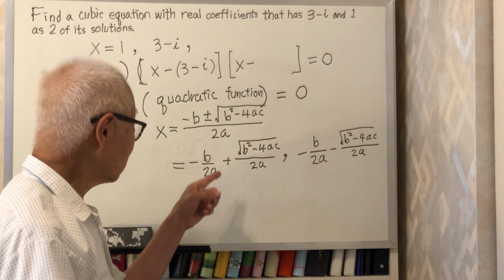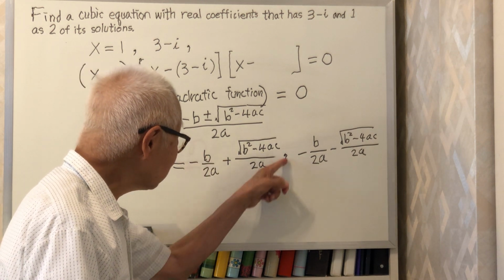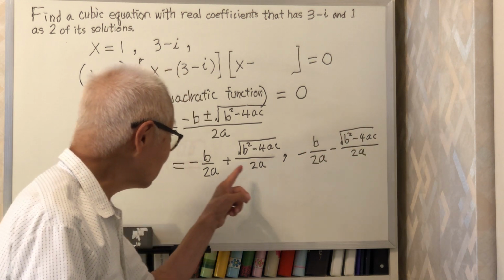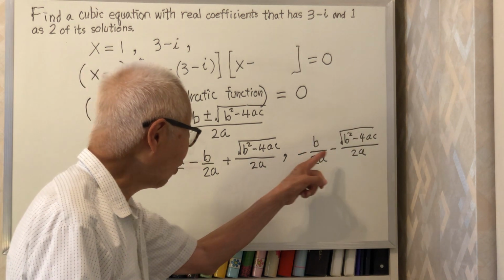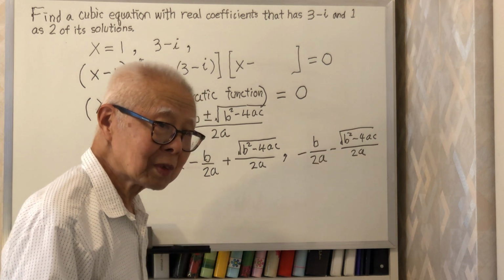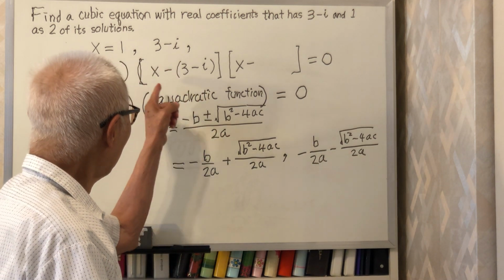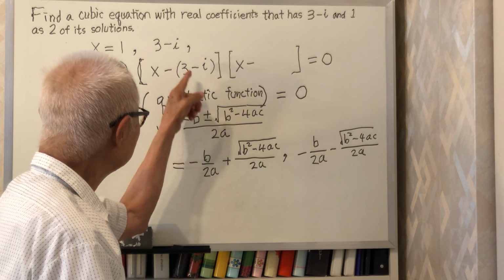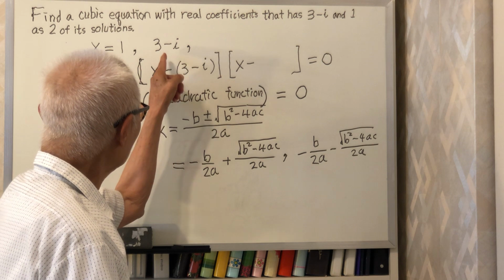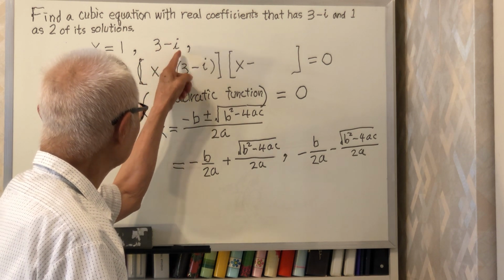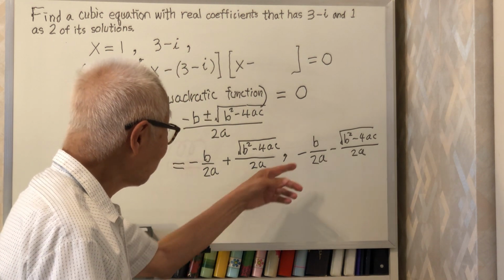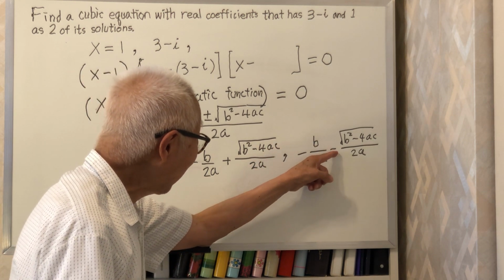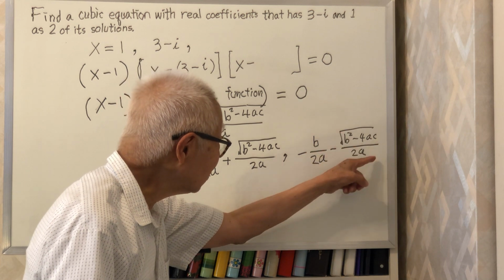You see that this part is exactly this part, except one is plus, one is minus. I already have this solution. So this is my solution. So you see, 3 minus i. So I have 3, this must be 3 minus i.